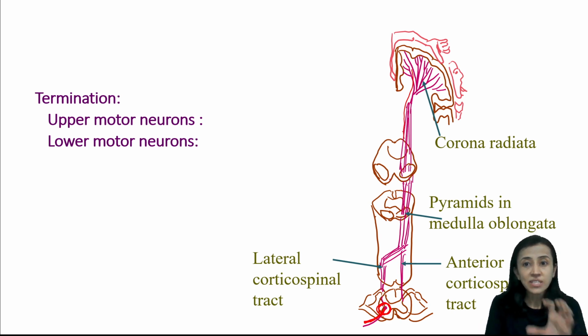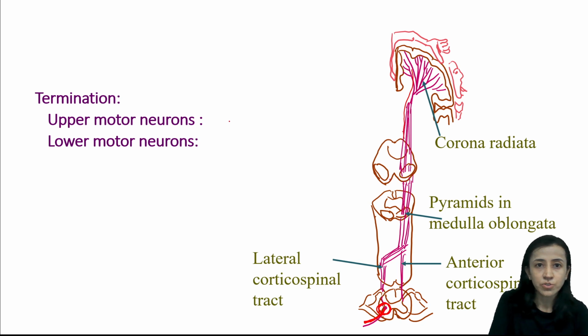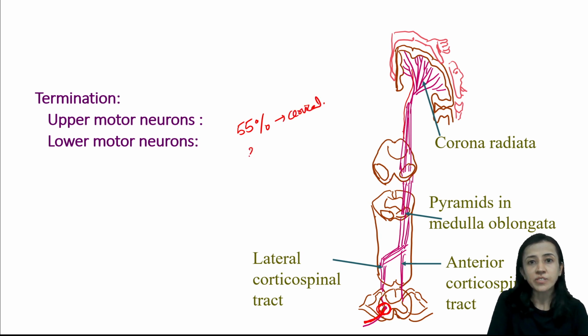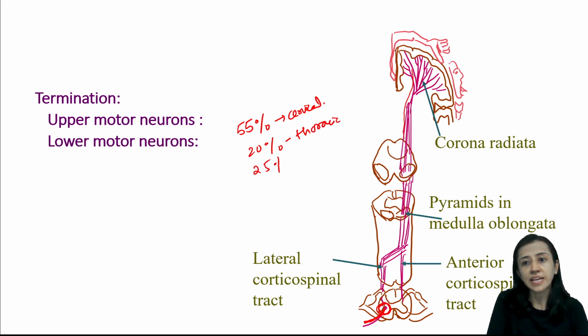Of all these pyramidal tract fibers, one important thing to remember is that 55% of fibers end in the cervical region, 20% end in the thoracic, and 25% end in the lumbosacral region.